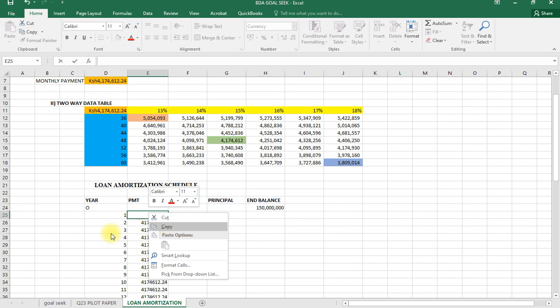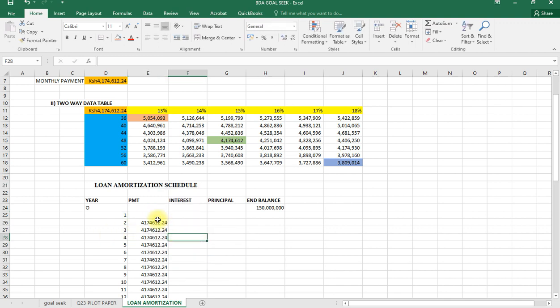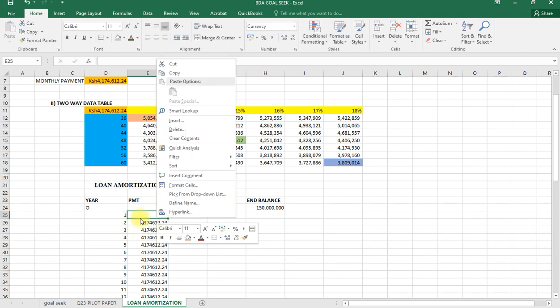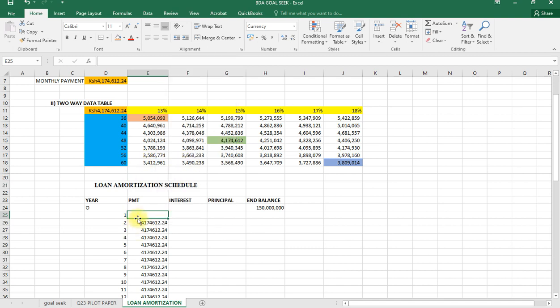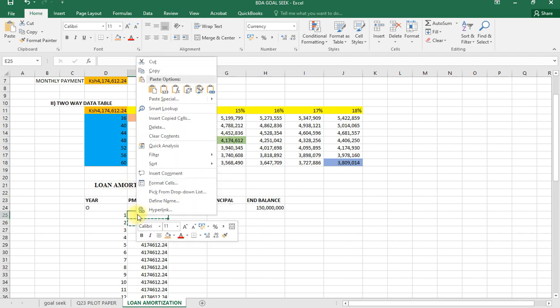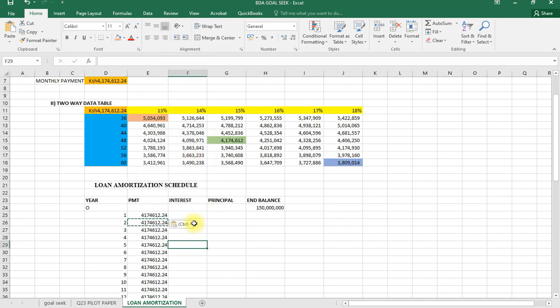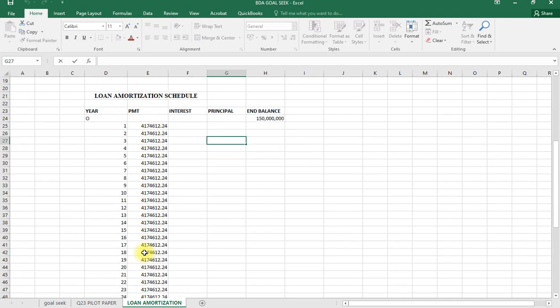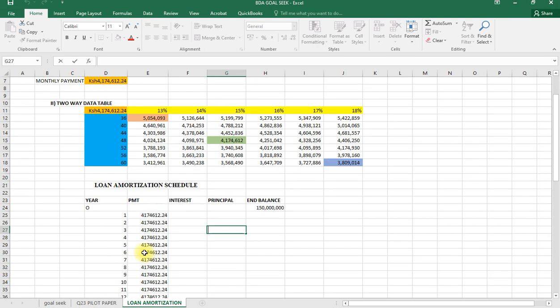Okay, let me just paste that value. So that's our initial, the payment that we shall pay, and you know the interest rate that we are having per month.